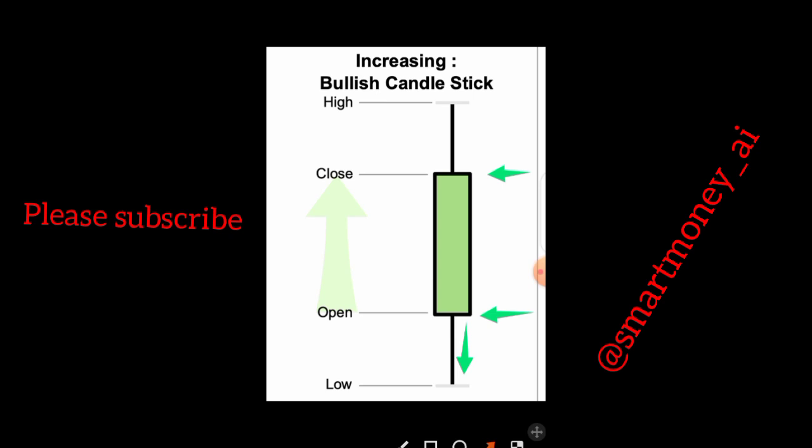It is called the wick. The lowest point of the wick represents the lowest point price got to before buyers were able to push it upside to its opening price.